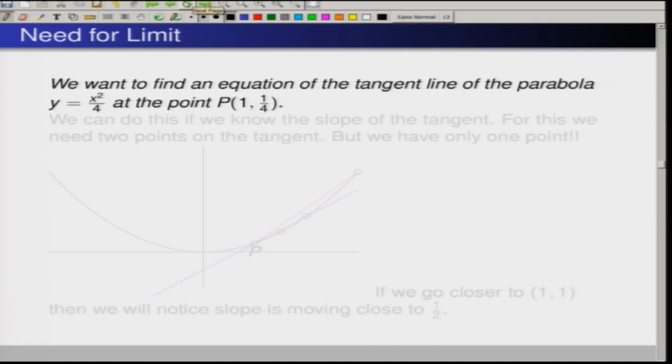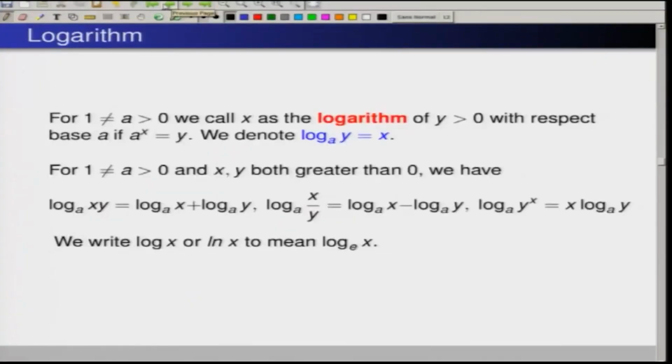So, till now we have discussed various functions, equipped ourselves with trigonometric functions, the exponential function and the logarithm function.